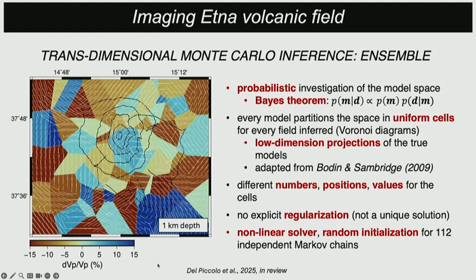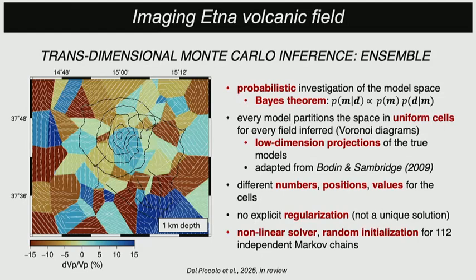So in the end, we have many millions of models, and we can compute statistical moments, the average and the standard deviation, which means that for each point of our domain, we have a measure of the uncertainty. If the standard deviation is small, this means that many models need those structures at that point of the domain.